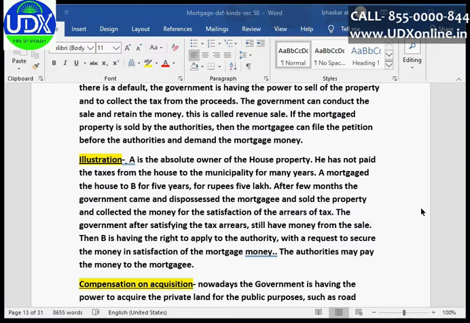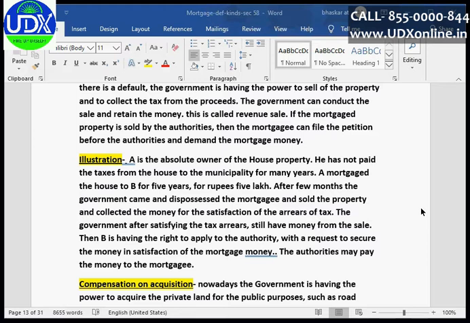Now these authorities deduct the tax that was due, the arrears of tax, and they further deduct all the expenses incurred in the conduct of the advertisement, in the conduct of public auction.